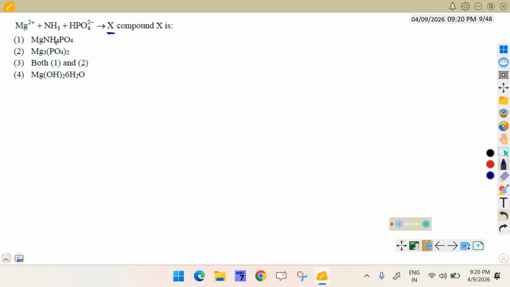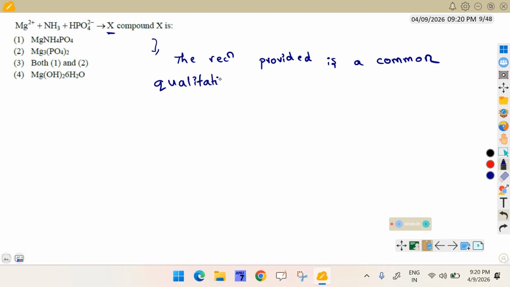Identify compound X according to this chemical reaction. The reaction provided is a common qualitative test used to identify Mg2+ ions in a solution.